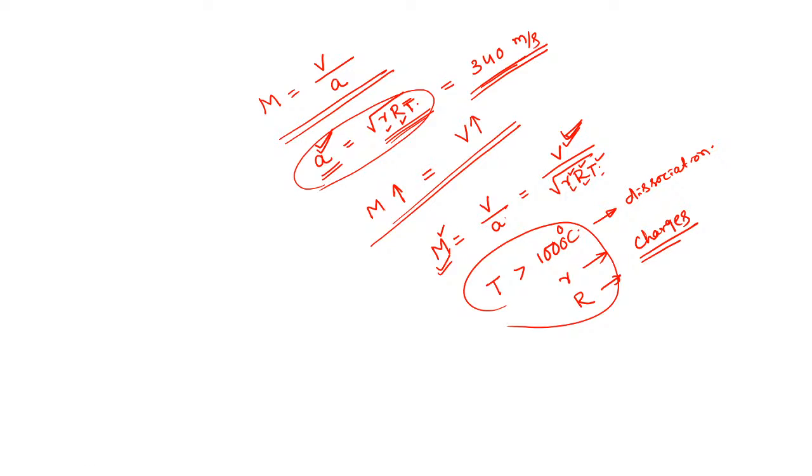So when we are looking at the Mach number in the high temperature limit, it is no longer only the velocity; we also have to take into account the property of the gas that changes with the temperature.